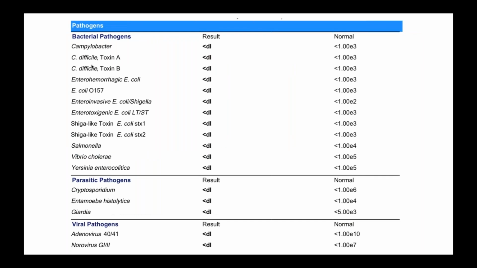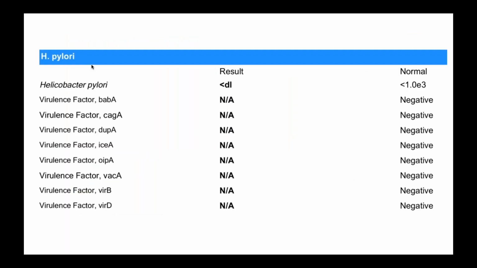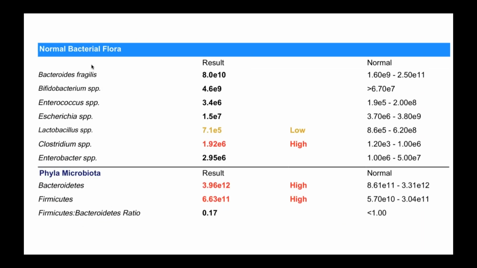Okay, so going back, starting from the beginning of his results, he's clear on other pathogens. In his case, he doesn't have any C. diff, for example, or any other pathogens. H. pylori is not an issue. Normal bacterial flora shows some of the expected pattern, especially with high Clostridium, high Bacteroidetes, and high Firmicutes.